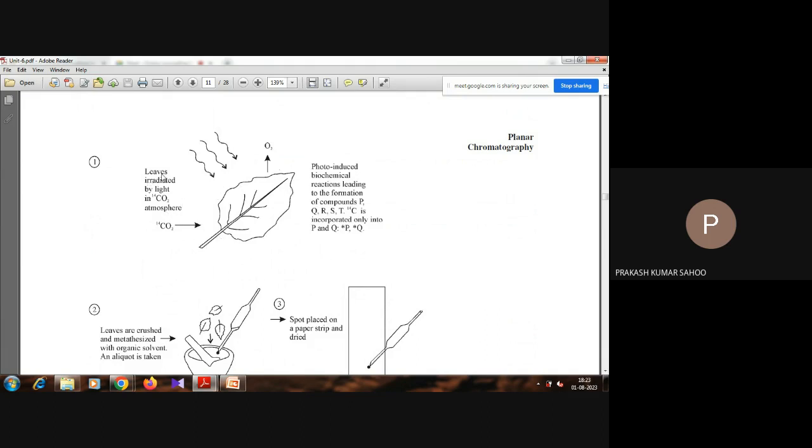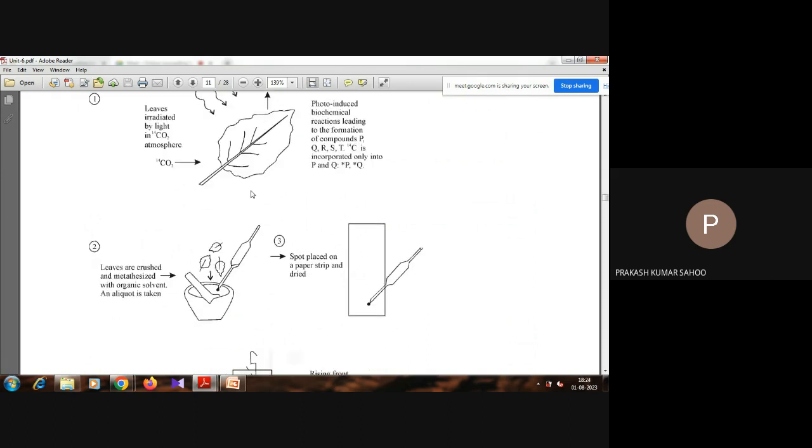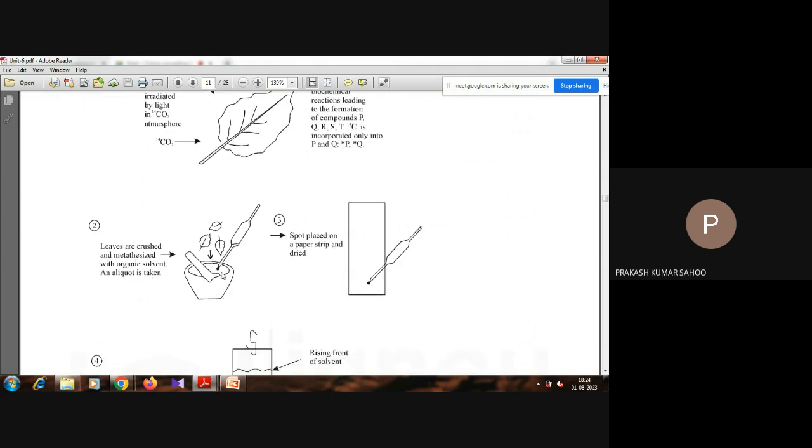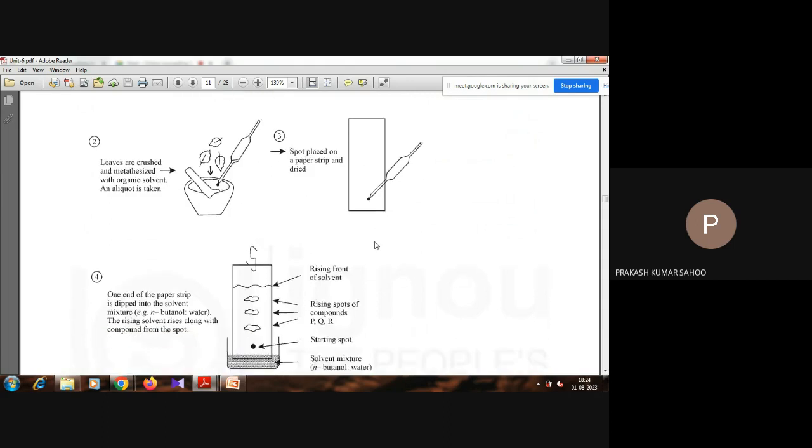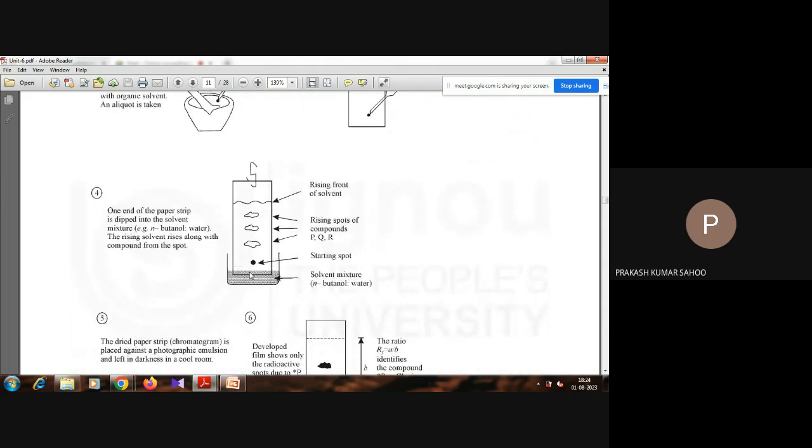If I put the leaf, irradiated by light, in a C14O2 atmosphere, then after a prolonged photo-induced biological reaction, we crush the leaf with pestle and mortar. After grinding, we take the sample and spot it at the bottom of the chromatography paper.